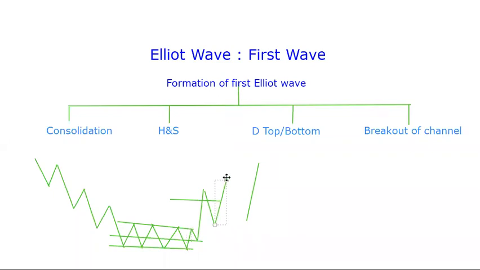And for the initial target, what you can do is very simple. You can simply select the first move and project the first move to this length. So that will be the basic initial target for you, because if I'm buying a stock and I'm getting a profit of 100 rupees, then the next time I buy, I would like to make another 100, right?